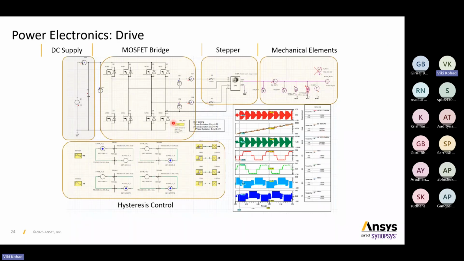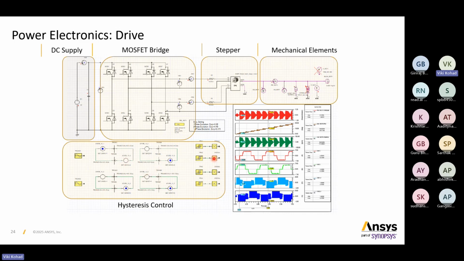Now for the power electronic drive, the components are there: DC supply, MOSFET bridge, your stepper motor, this is your motor model, the mechanical elements, and the hysteresis control. All the models are there, which means all the physics are included here: mechanical, electrical, your ROM model, your MOSFET, and your hysteresis control, which is like your feedback.